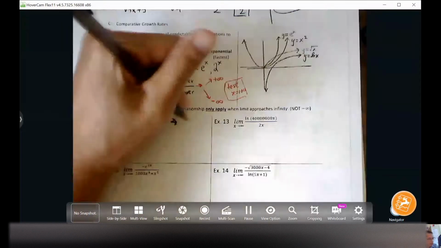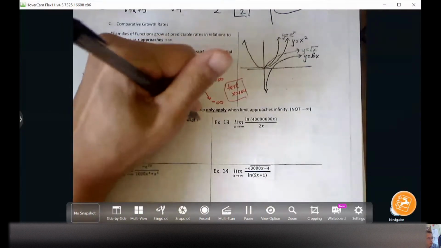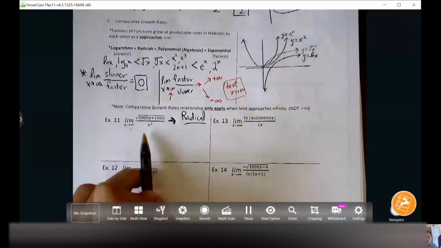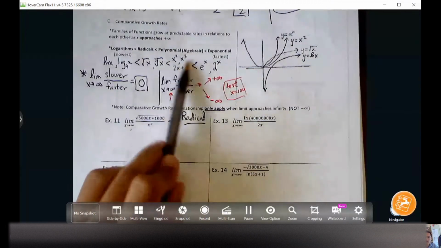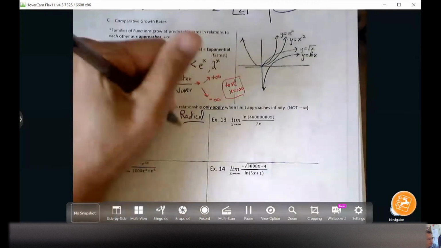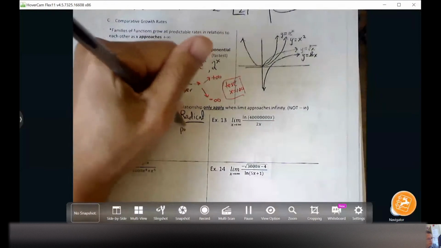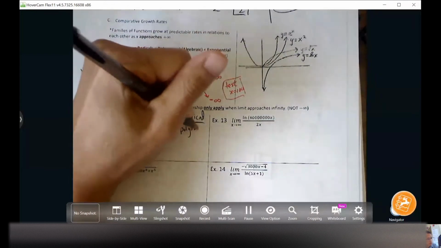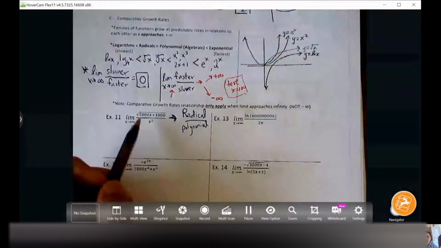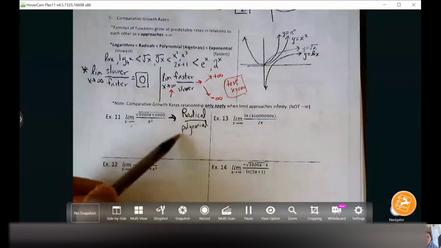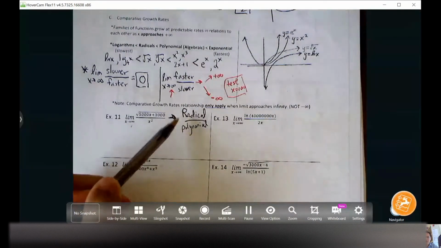Radicals. It is a radical, right? So I have a radical over x squared. X squared falls under the algebraic polynomial category. So I have a slower over a faster.